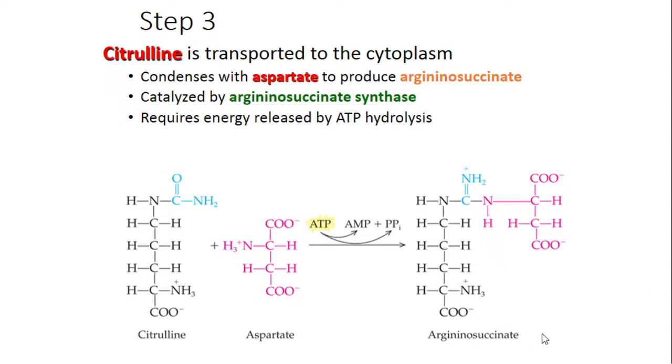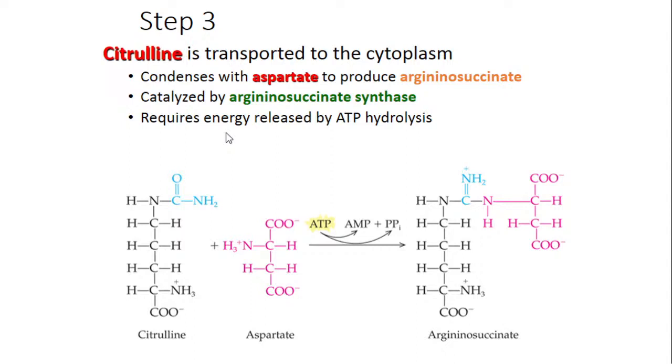So the name of the substance will be argininosuccinate. As a result of aspartate and citrulline condensation, we obtained argininosuccinate, a new substance which is half arginine and half constructed from succinic acid.